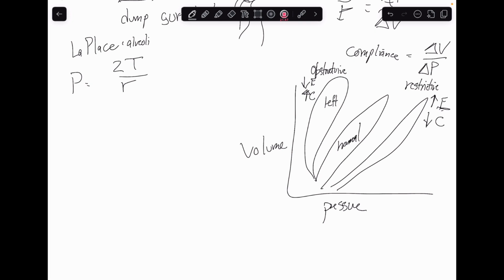We also have what we call the alveolar gas equation.